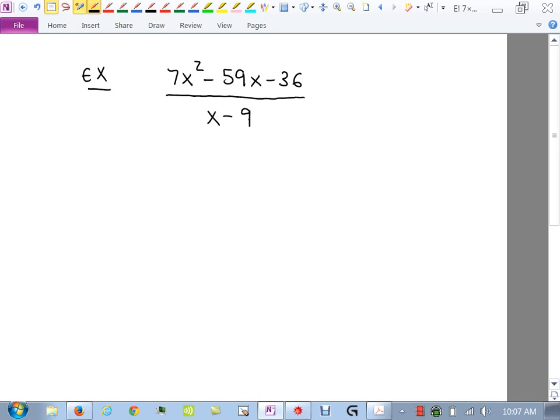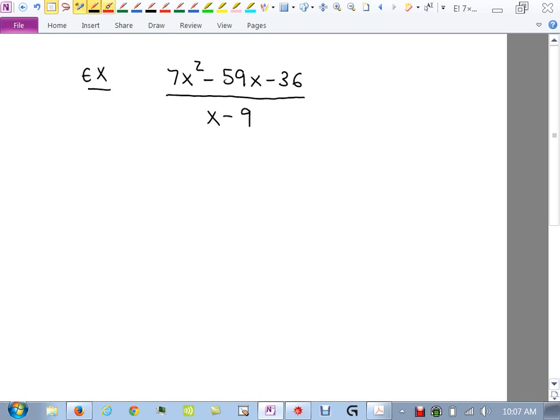What you'll notice, hopefully, is that you are dividing by a what here? Binomial, right? Not a monomial. So you cannot just do what we did in the previous two examples. You have to do something else. And the something else is called long division.